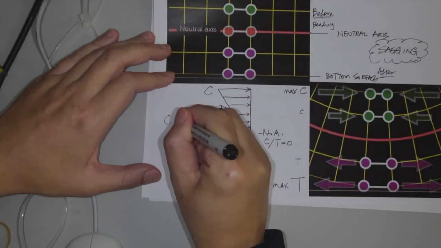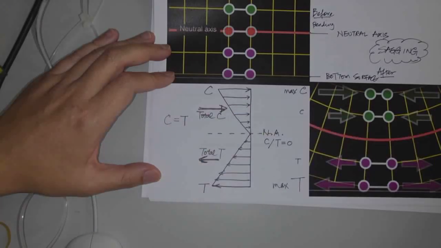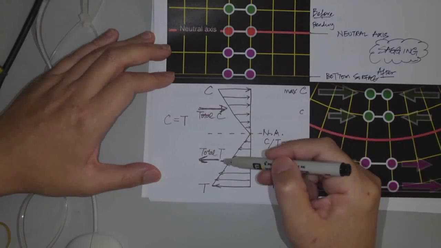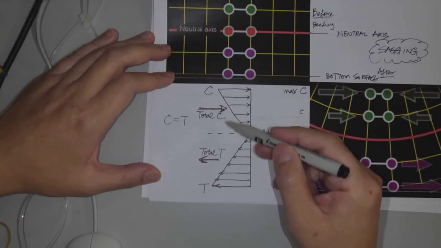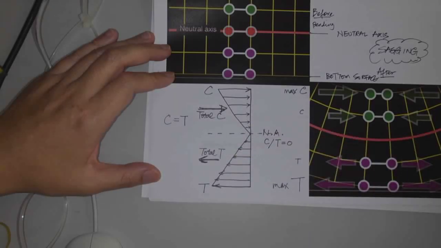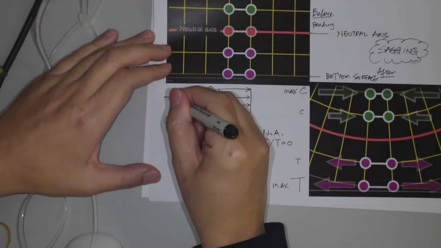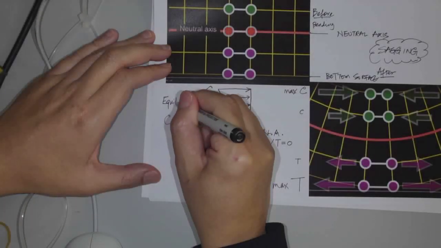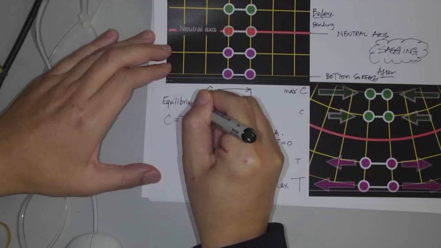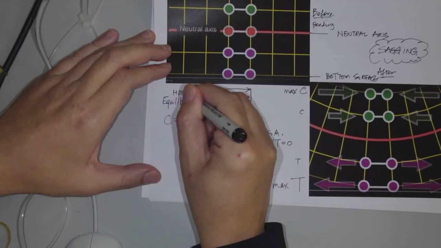So in other words, C must be the same as T. The magnitudes are the same. Of course, directions are opposite. They cancel out. So that's what equilibrium says. Horizontal equilibrium.